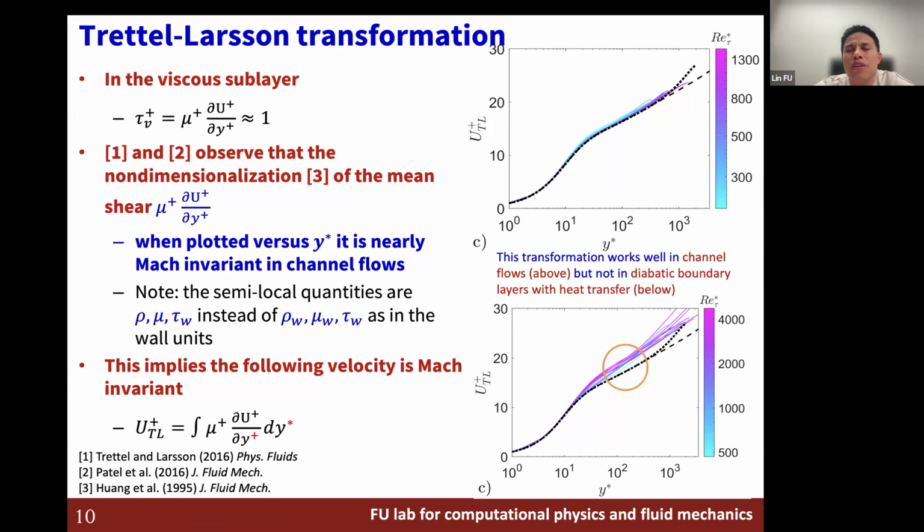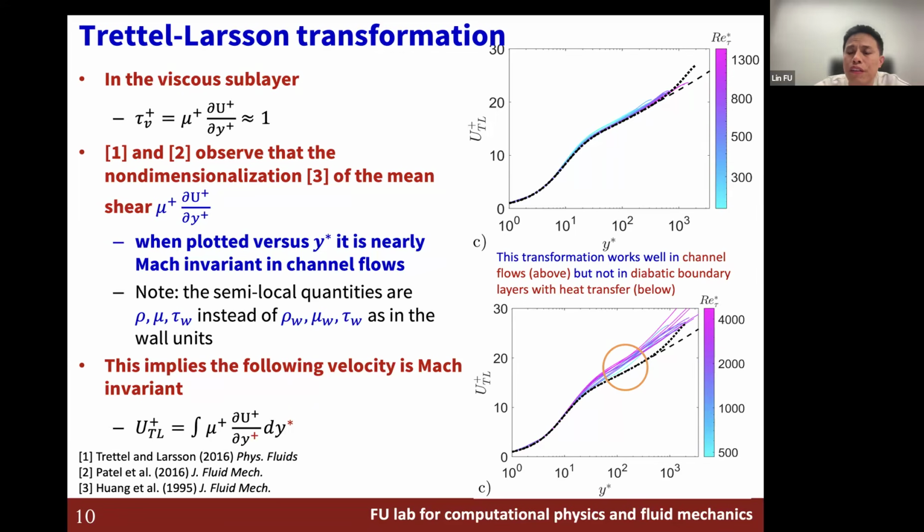So now it comes to the story that we examine all the transformations. None of them work for all the flows: channel, pipe, boundary layer with and without heat transfer. None of them works. No single scaling works for all the flows. The idea is that the viscous sublayer and the log regime essentially have different physics. One is dominated by mean shear, the other is dominated by Reynolds stress.